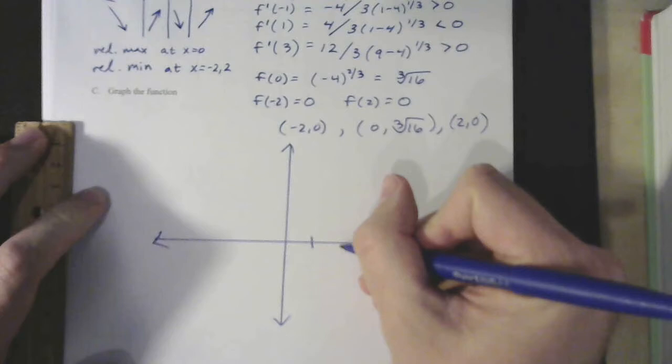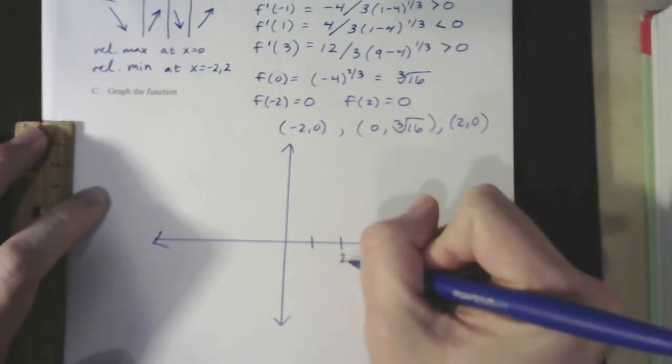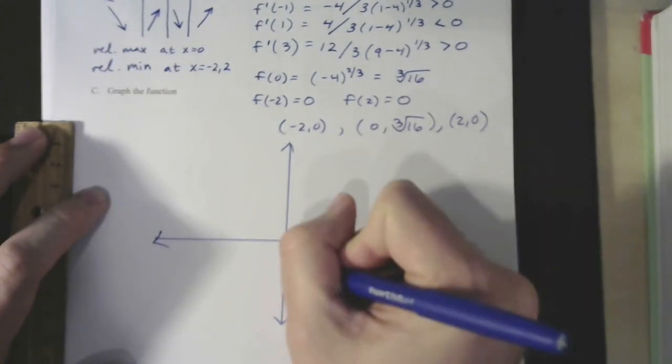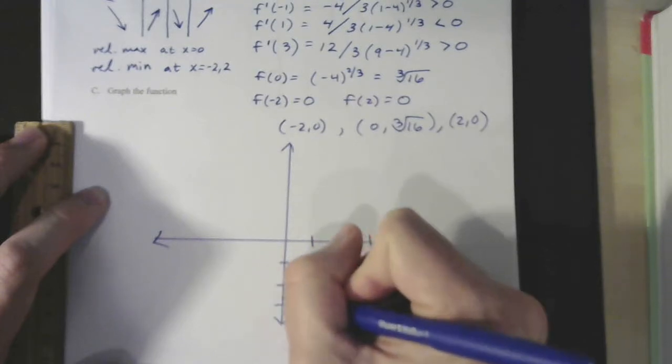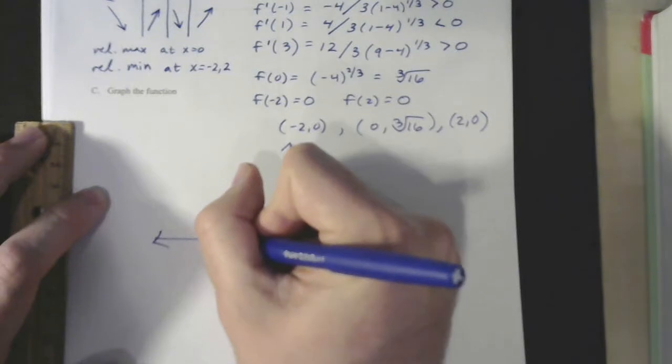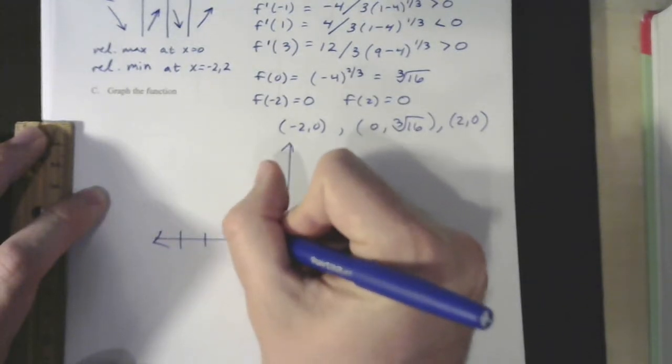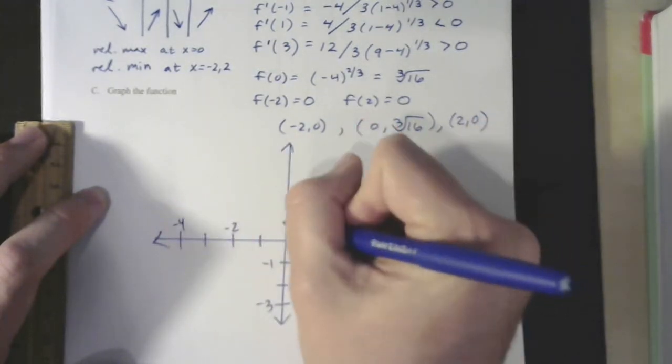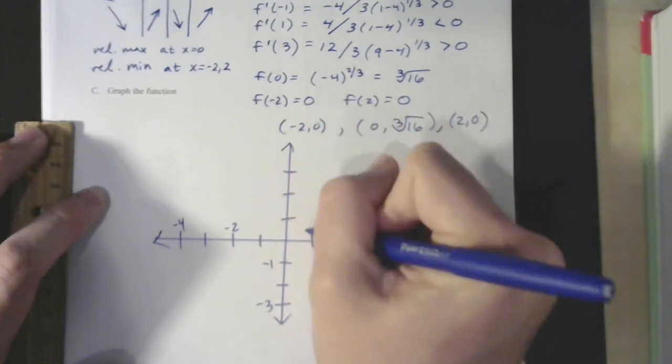So I'm just going to go by ones. 1, 2, 3, 4.